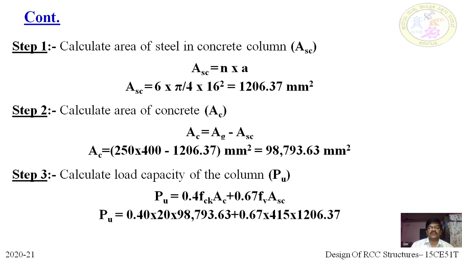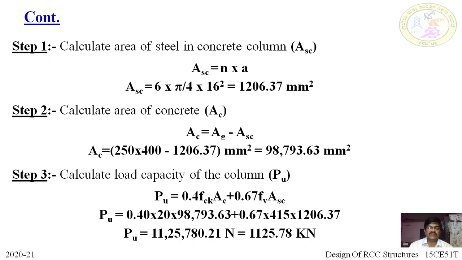Therefore PU equals 0.4 multiplied by 20, multiplied by the value of AC, that is 98,793.63, plus 0.67 multiplied by 415 multiplied by 1206.37.